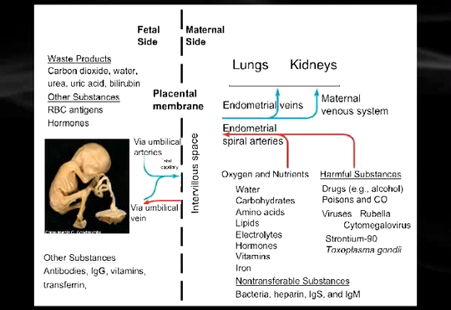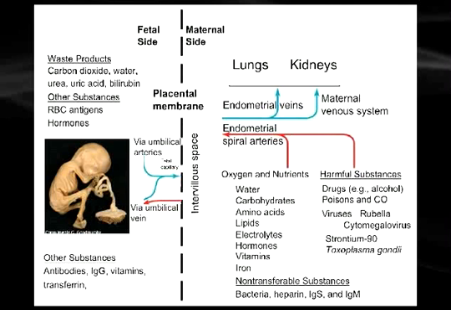And that will occur within the intervillous spaces where maternal blood is emptied into that space, and the fetal hemoglobin has a high attraction to oxygen and will take it from the maternal red blood cells. Therefore, the lungs and kidneys of the mother are going to be responsible for cleaning and filtering and reoxygenating the blood so that it can be sent back through those spiral arteries, which will open up into the intervillous space.